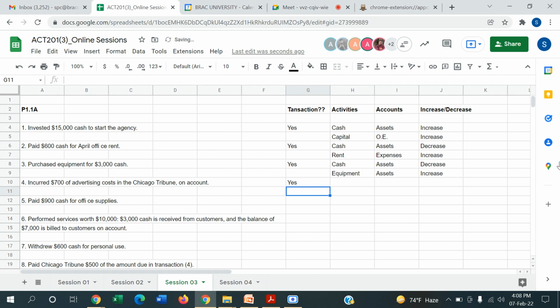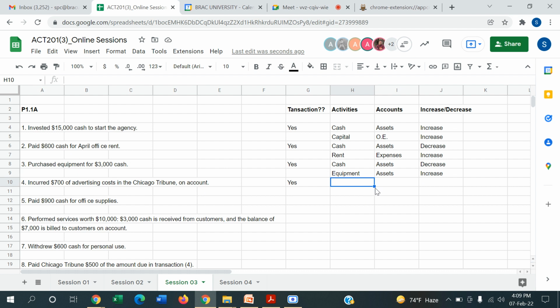Even though you haven't paid it, you have to pay it. Is it a current asset? No, it's not a current asset. We'll explain it later on. But even though you haven't paid it, we already consume the benefits of the advertisement. That's why you are liable to pay it in future.